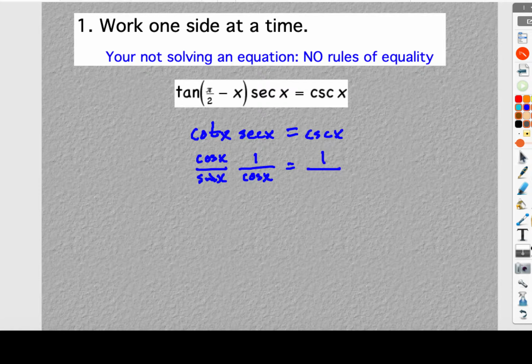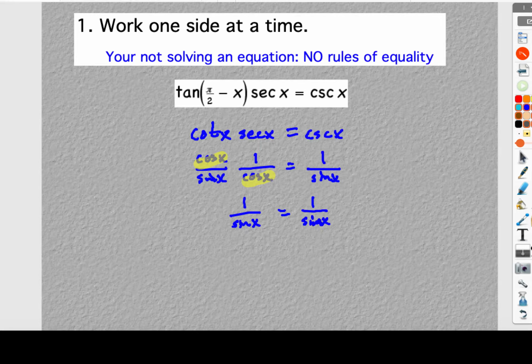We could convert this cosecant into 1 over the sine of x. Now, without actually crossing it out, again, I'm going to use a highlighter. Cosine of x on the top will cancel with cosine of x on the bottom, and we really end up with 1 over the sine of x is equal to 1 over the sine of x.